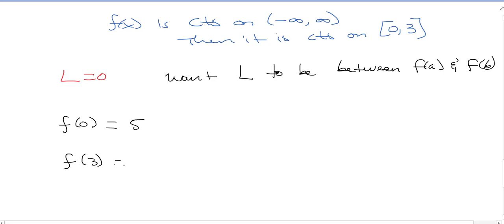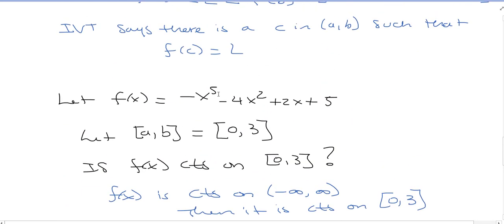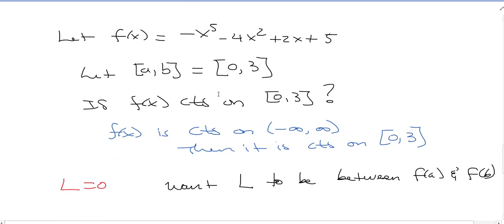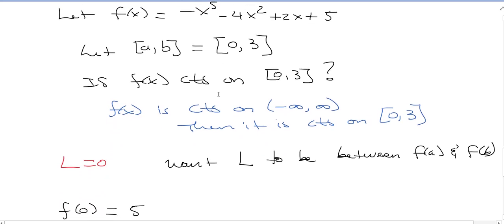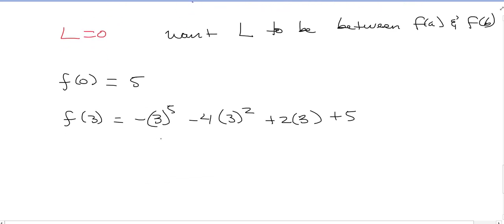And then what about f of 3? Let's plug that in. So negative 3 to the 5th, minus 4x squared, so 3 squared, plus 2x, so 2 times 3, plus 5. That's my f of x. Do this on your calculator.